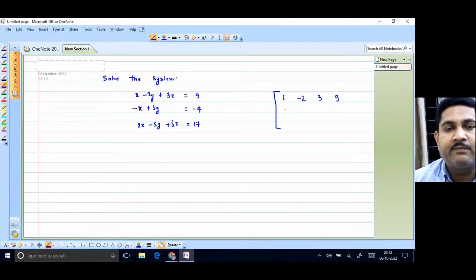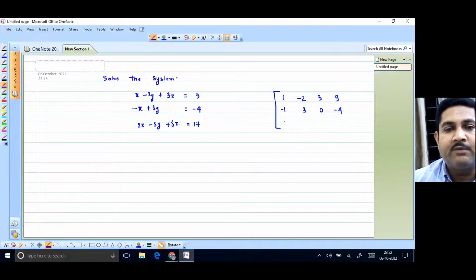Again we jump on to the second equation: coefficient of x is minus 1, coefficient of y is 3, z is absent, so I am writing its coefficient as 0, and the right hand side is minus 4.